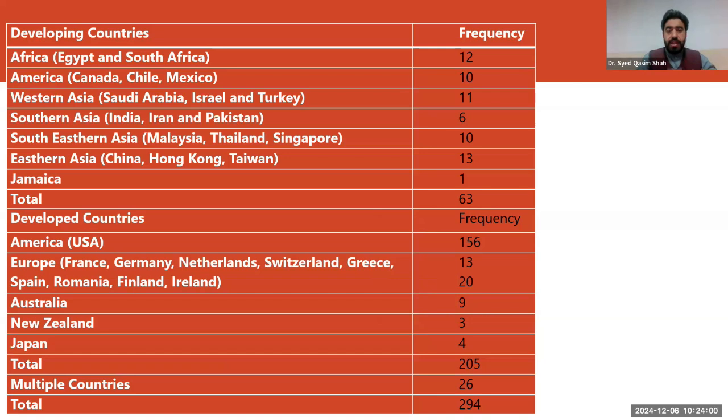So we will come up with a certain classification of countries: developing countries, total 63, and developed countries like USA 156, Europe. You will find that mostly studies have been conducted in the USA, that is 156. So developed and developing countries, how much research has been done.